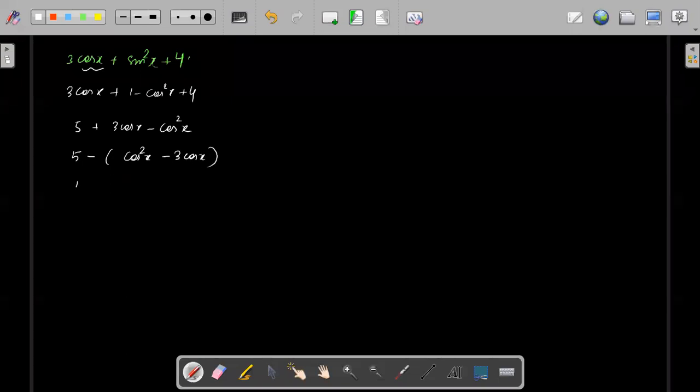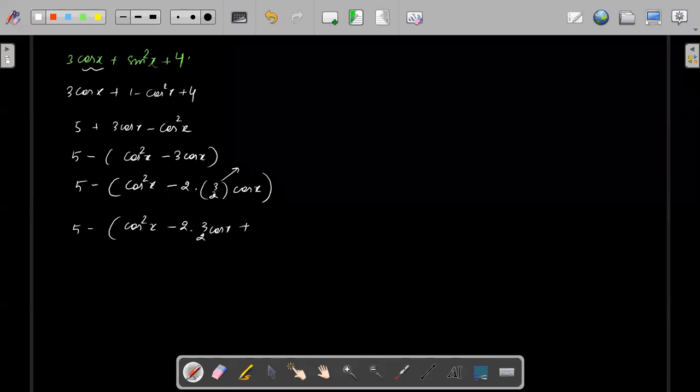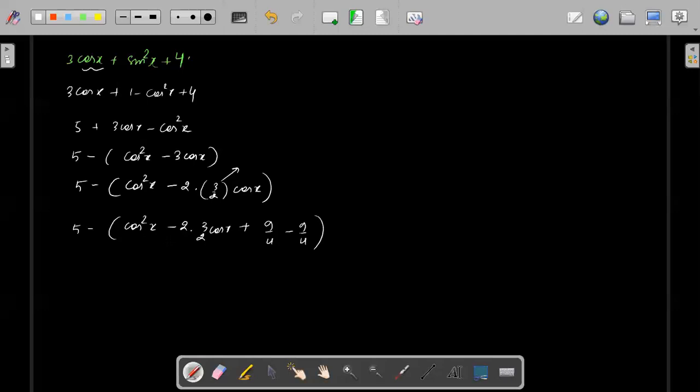So now what I will do, 5 minus cos square x minus 2 into 3 by 2 into cos x, right? Same thing, multiply by 2 and divide by 2. So this will be my b. So this is 5 minus cos square x minus 2 into 3 by 2 cos x plus 3 by 2 whole square plus 9 by 4 minus 9 by 4, right? So I will combine these parts, so this will become a perfect square.